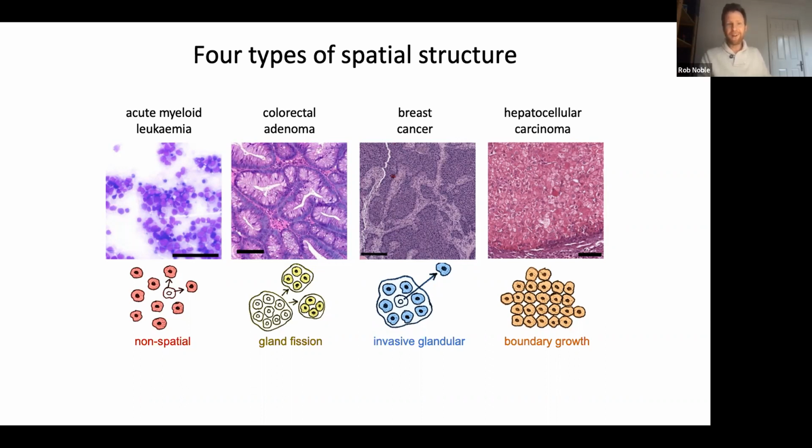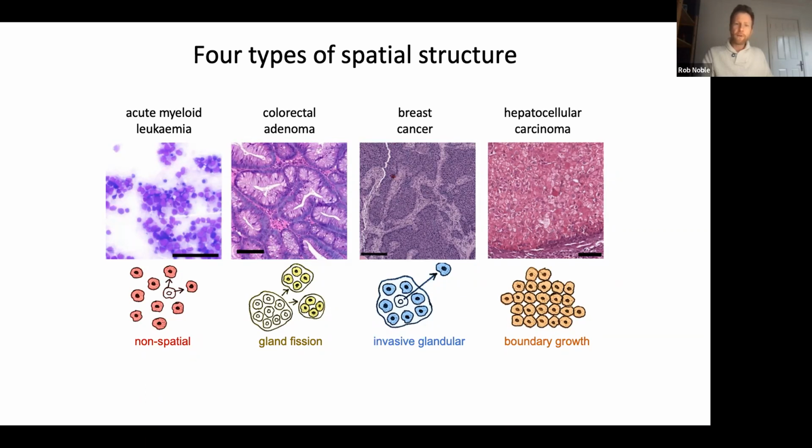Does it matter if someone assumed that solid tumors could be modeled using a non-spatial model? Does it matter that someone modeling colorectal carcinoma assumed that it continues to spread by gland fission rather than by invasion? So we looked at both the clinical and the biological literature, and also the modeling literature. And we came up with these 4 different ways of seeing things.